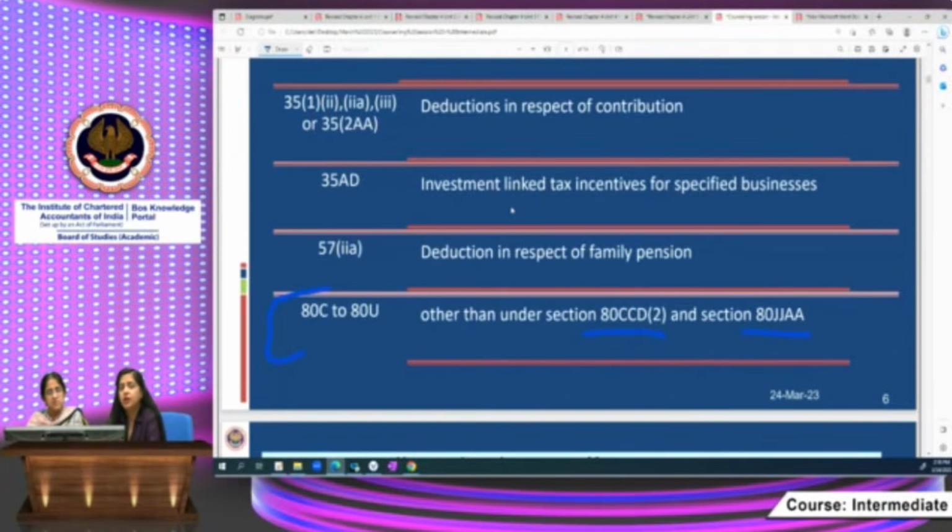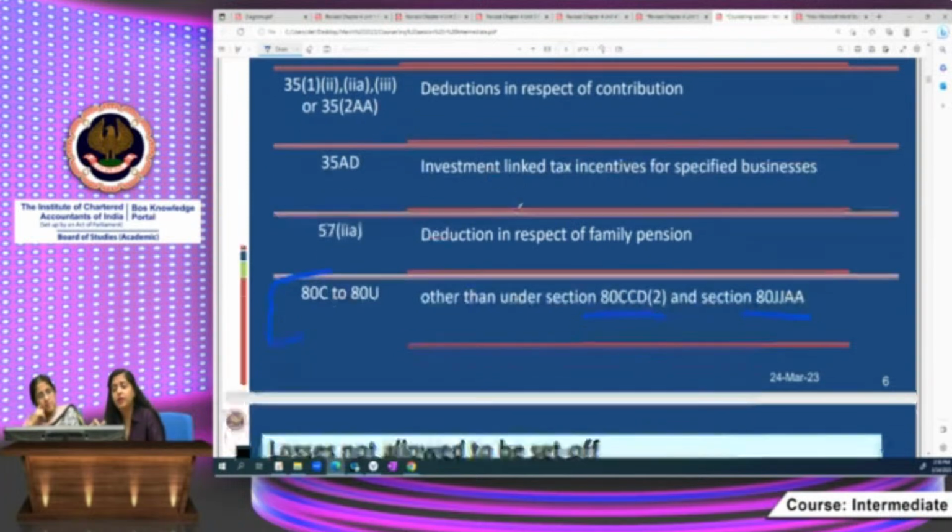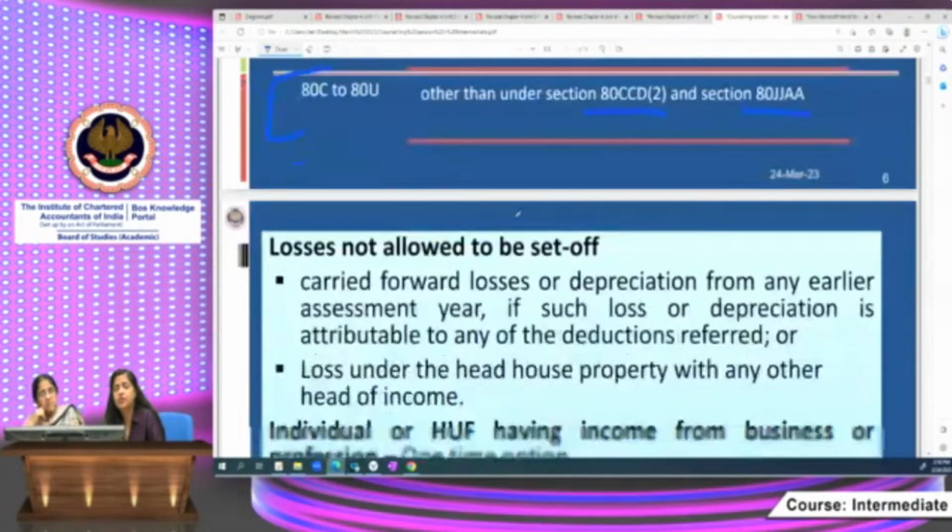That is only allowed under section 115BAC. All the other deductions, 80C, 80CCD(1B), 80D, 80TTA, 80TTB, nothing is allowed while you are opting for this concessional regime. So it is very important to compare both the schemes, to see which is more beneficial for the assessee.